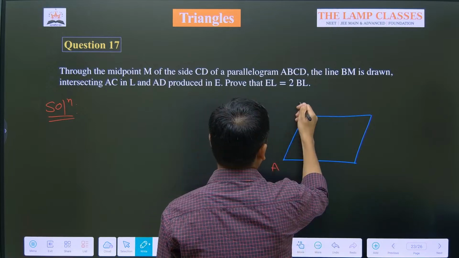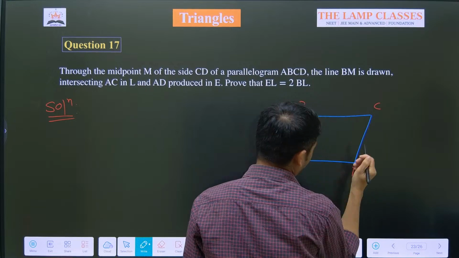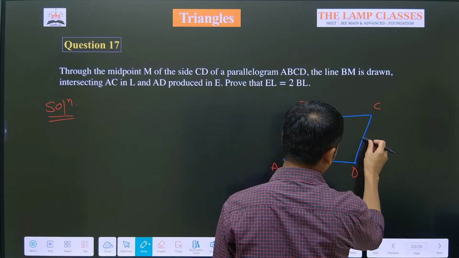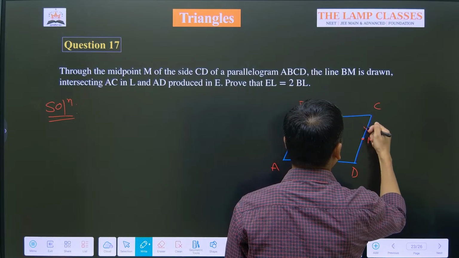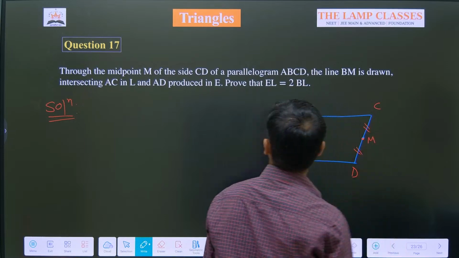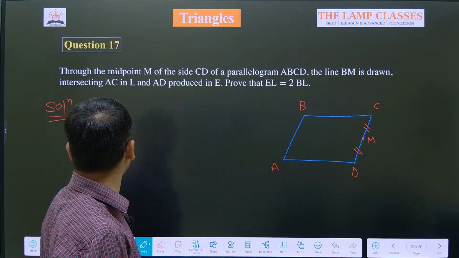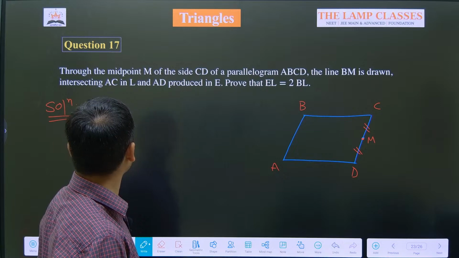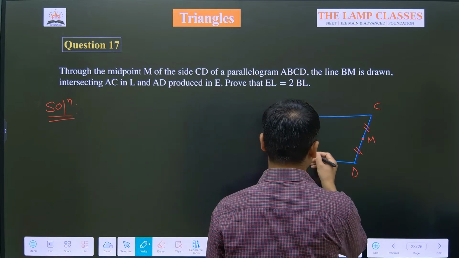A, B, C, D. There is a midpoint, let's call it here. M is the midpoint of CD. There is a line BM drawn intersecting AC in L. So we need line segment AC also, so we can connect it.